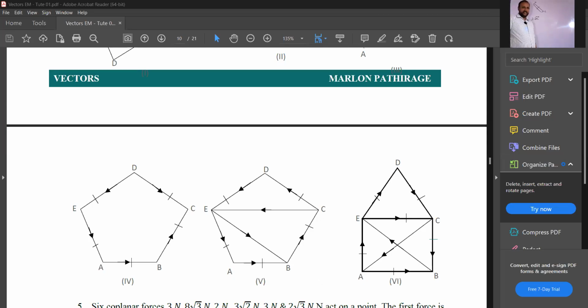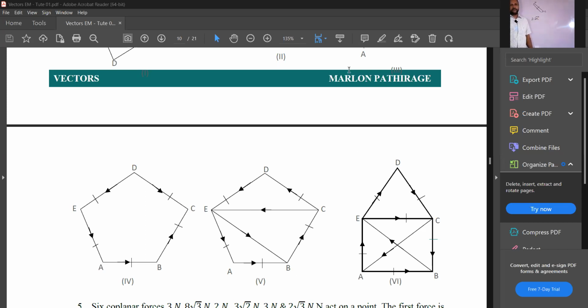The second one is much easier than the other. Look at this. AB, BC, CA, DA, EA, the outer surface. The outer polygon is a closed loop, no? Therefore, you can remove all these forces. Then there will be only two forces. What are those? EC and EB.